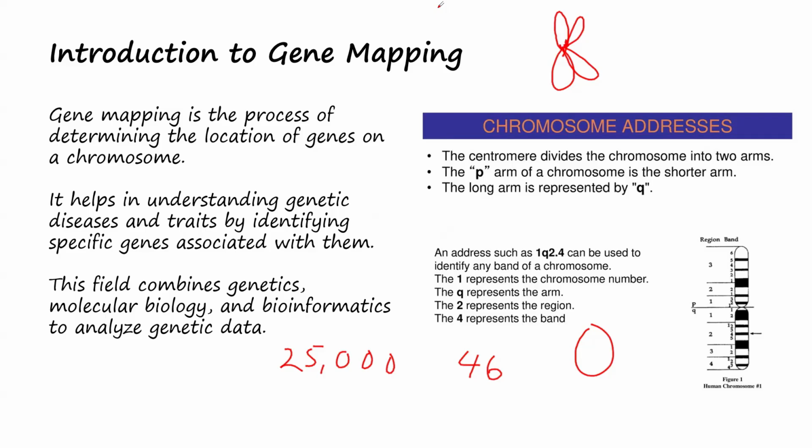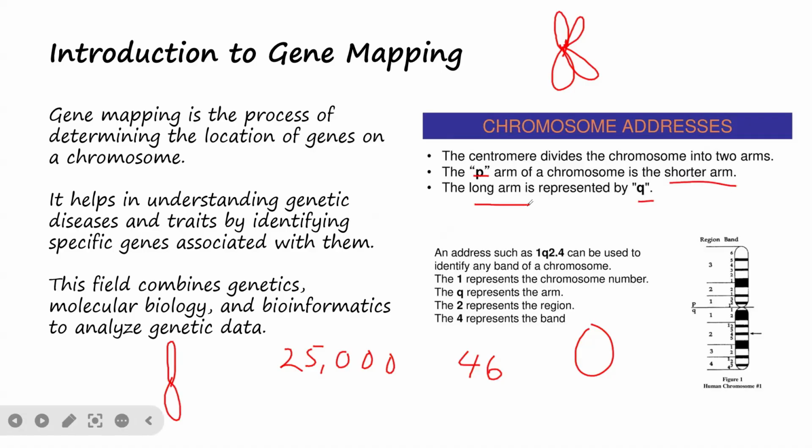We can take one chromatid and see. This is one of the chromatids, and it is divided into two: we have what you call a P arm and a Q arm. The P arm is the shorter arm of the chromosome, while the Q arm is the longer arm.